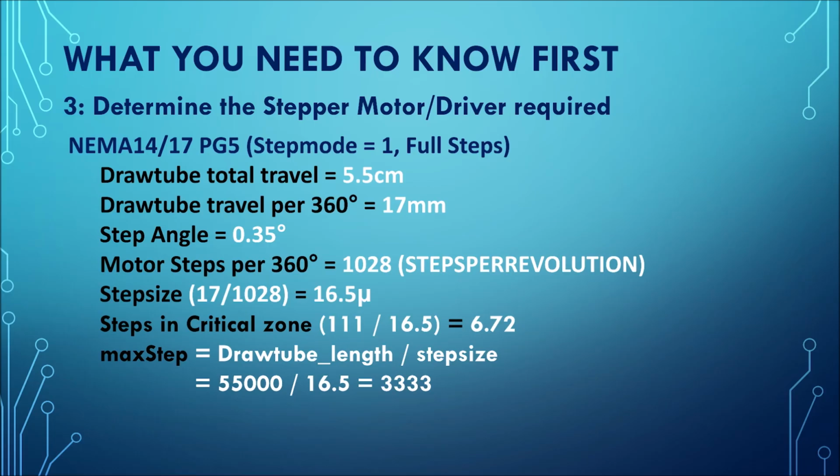So we know that now that we've got 128 steps per 360, and we know what the step size is, 17 millimeters divided by that, so the step size is 16.5.